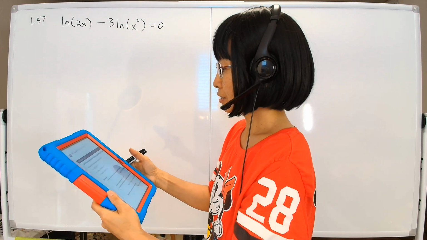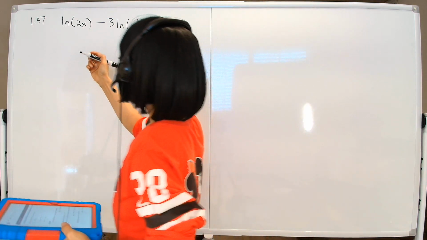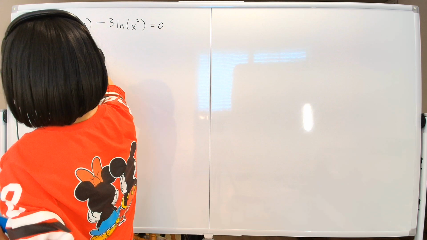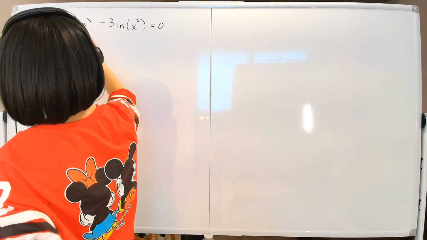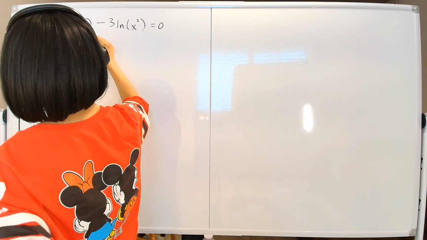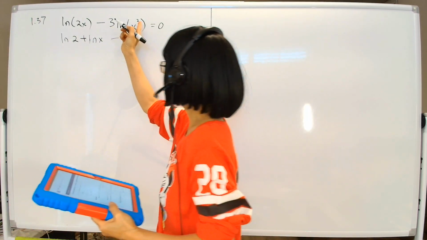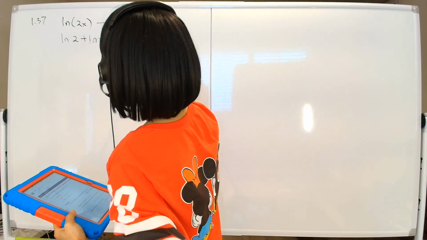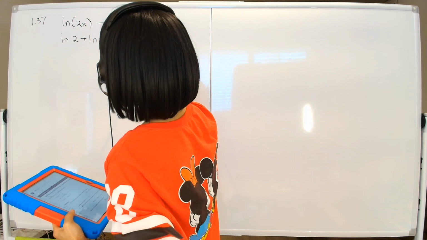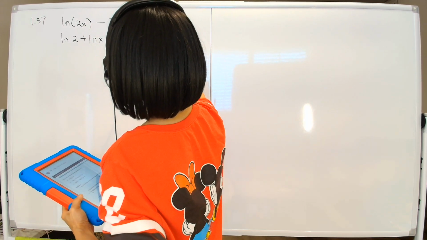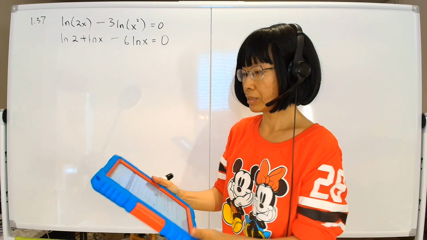So let's do that. First, this is ln 2 plus ln x, minus, the exponent goes to the front, that is 6 ln x equals 0.